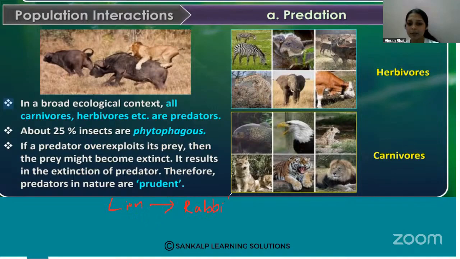If the lion over-exploits the rabbit, the rabbits may become extinct. Rabbit goes extinct from the environment, which affects the predator also.